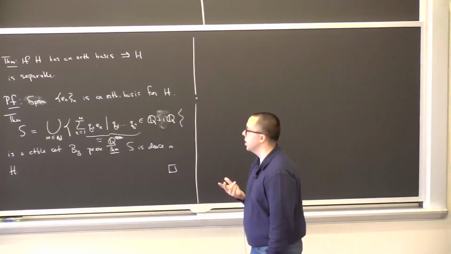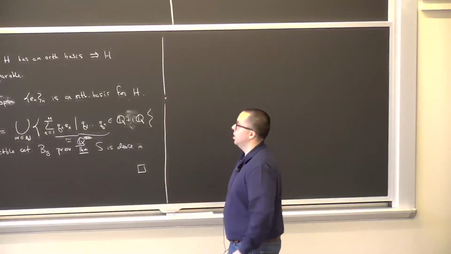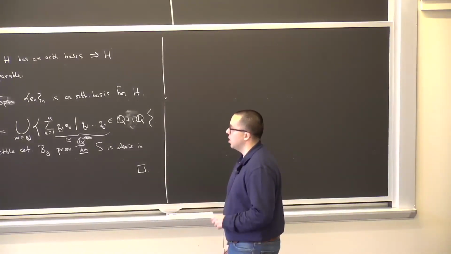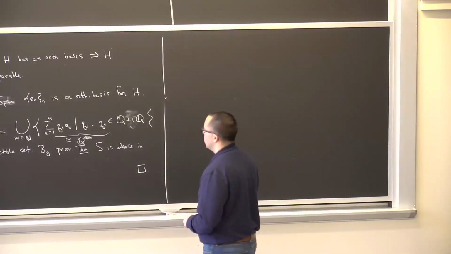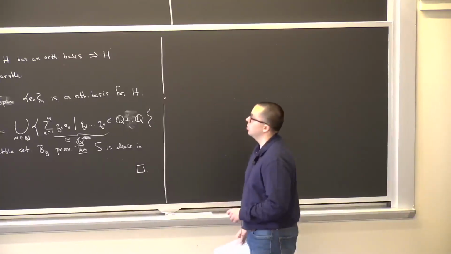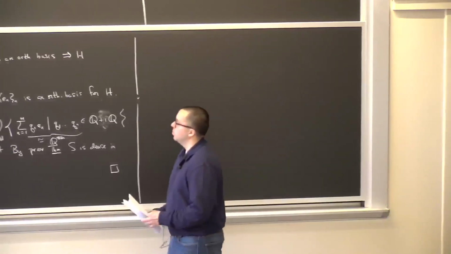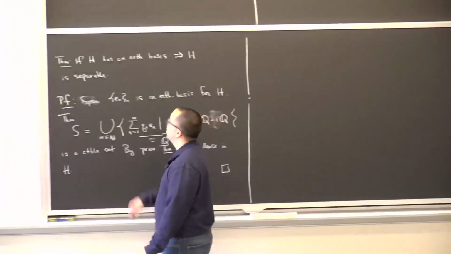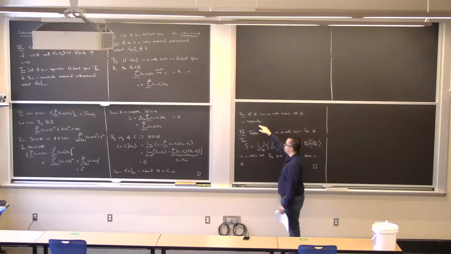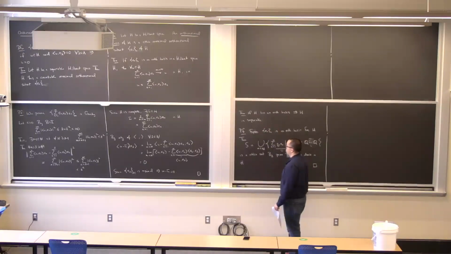Maybe sit down and think about it and carefully write down the epsilon argument, but that's essentially why this is true. So what we've shown is that a Hilbert space is separable if and only if it has an orthonormal basis.